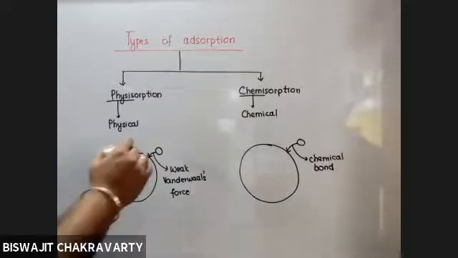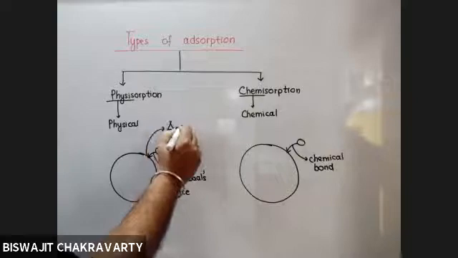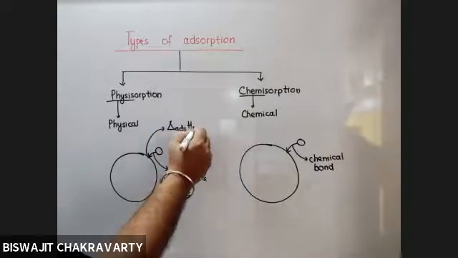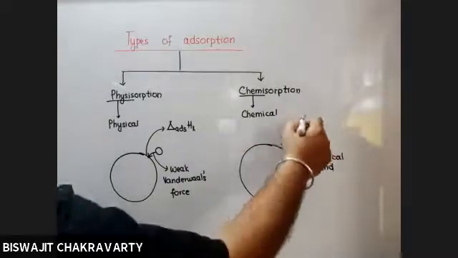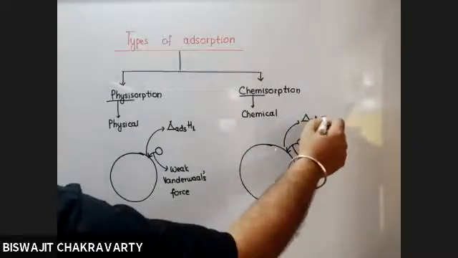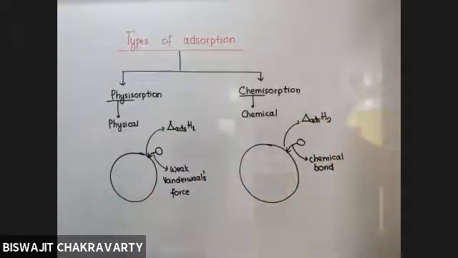So if the amount of energy released in this case is, suppose, H1, and the amount of energy released in this one is H2, which value is higher? H2 is higher or H1 is higher? H2. H2 is higher. Why?